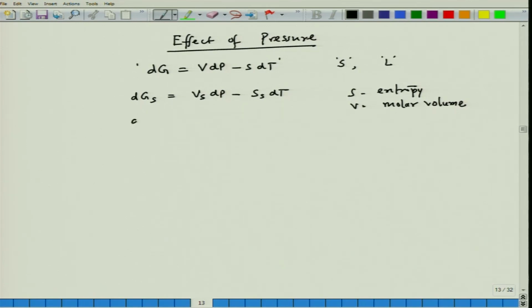Similarly, in case of liquid, dG liquid equals V liquid dP minus S liquid dT.